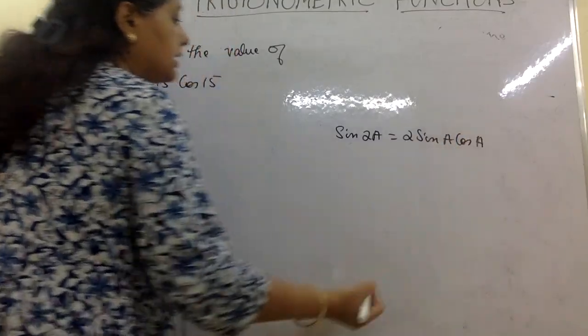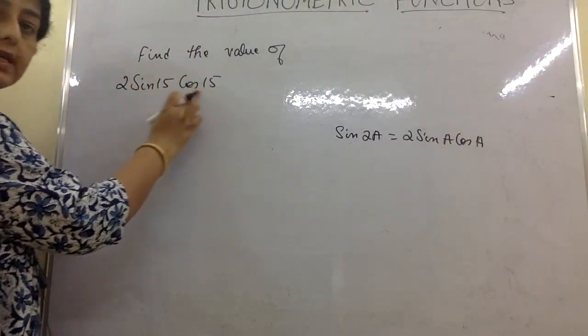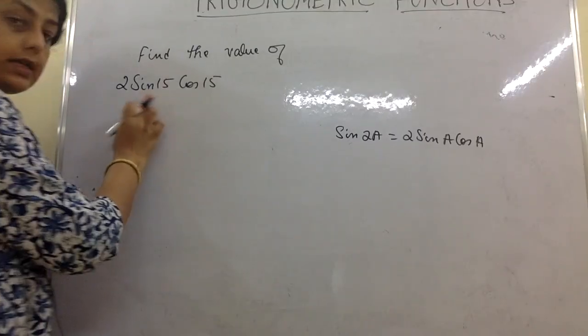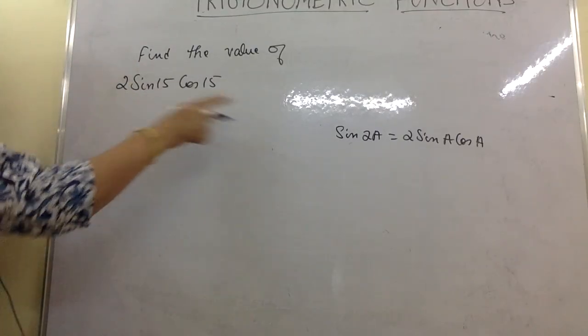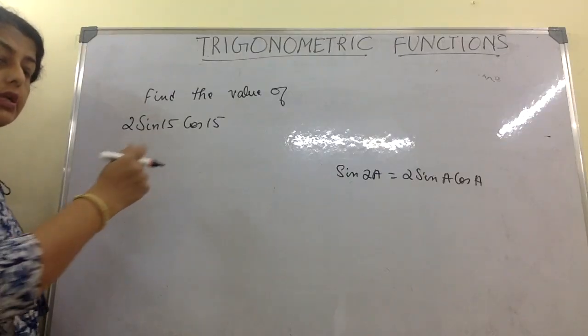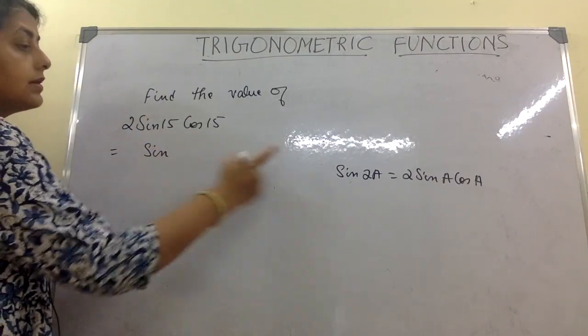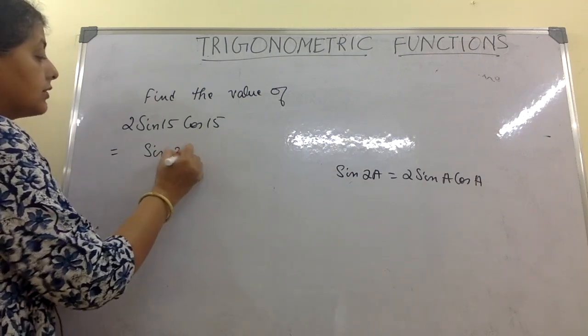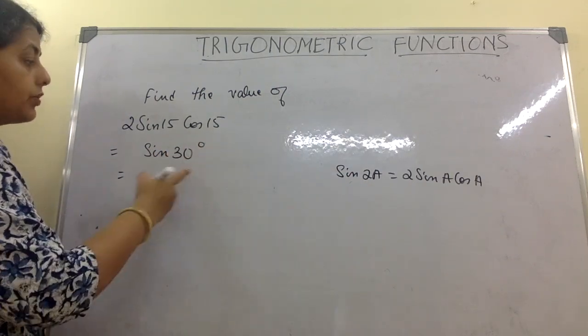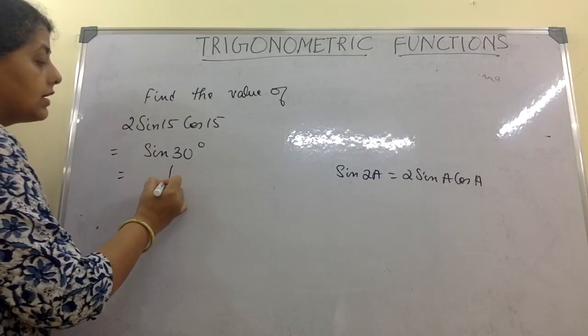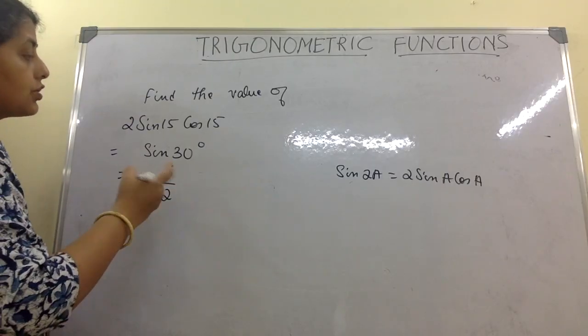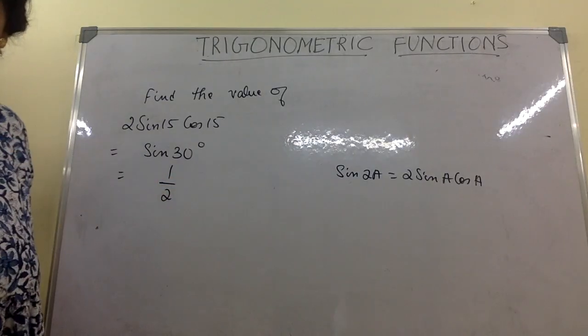So when we see that these two angles are equal and then there is a sine and a cos, then we use this formula. So now we have straight away sine 30 degrees, applying the formula. Sine 30 is a half, isn't it? So we got our answer.